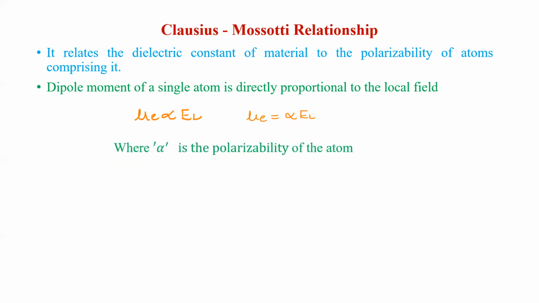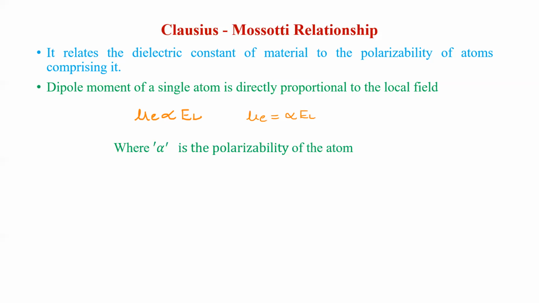The polarizability of the atom is nothing but how much separation of charge carriers we can cause. In an atom we know that there are charges like electrons. So when we apply an electric field, how much separation we can cause between the charge carriers, that is the polarization.